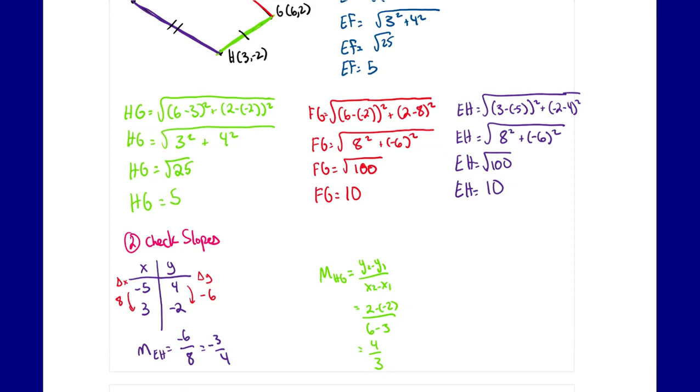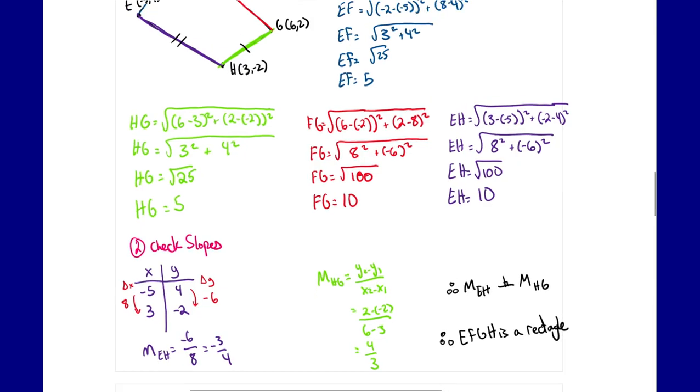And this means that therefore the slope of EH is perpendicular to the slope of HG. So then therefore EFGH is a rectangle.